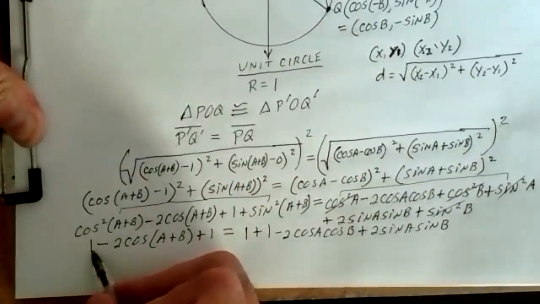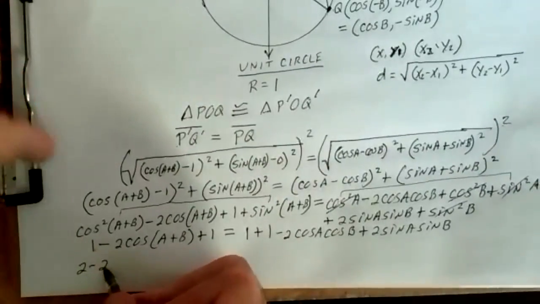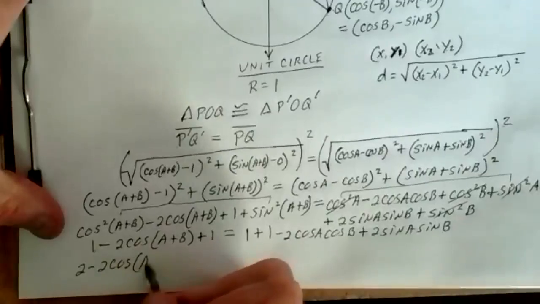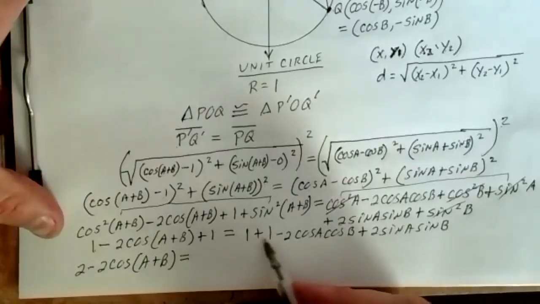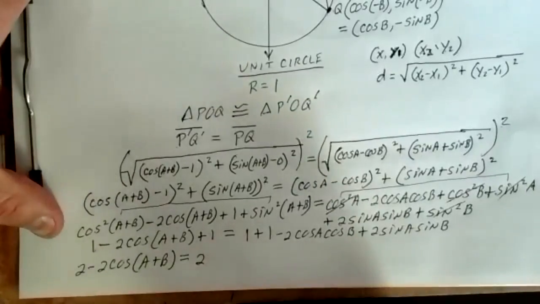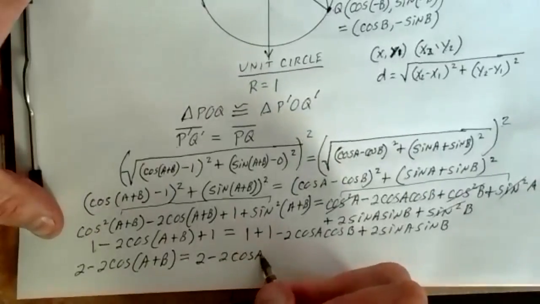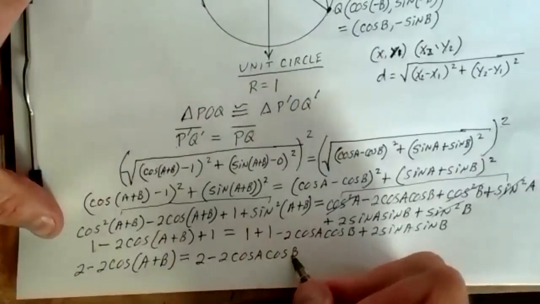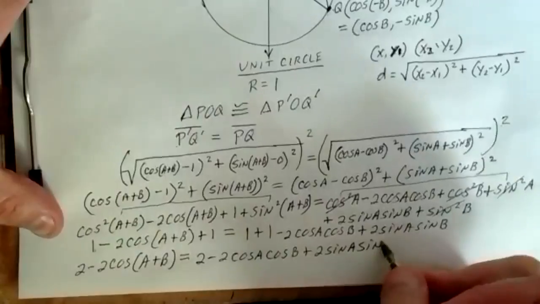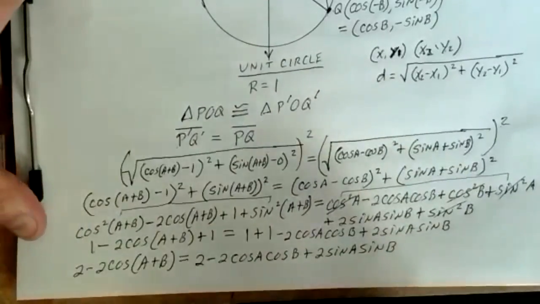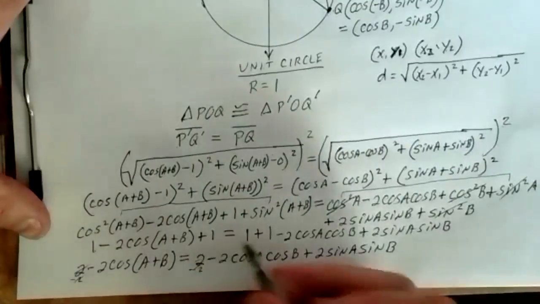Back on the left side, these ones add together. 1 plus 1 is 2. So we have 2 minus 2 cosine A plus B. On the right side of our equation, 1 plus 1, these combine to give you 2. So we have 2 minus 2 cosine A cosine B plus 2 sine A sine B. Now, if we subtract 2 from both sides of our equation, these 2's drop out on both sides.